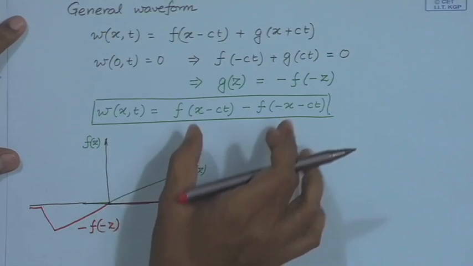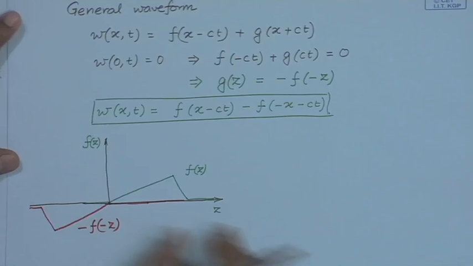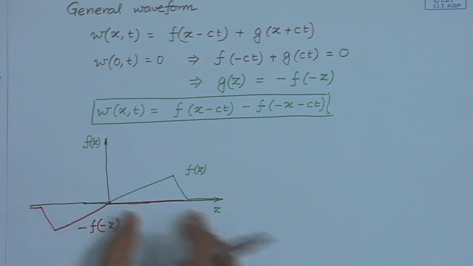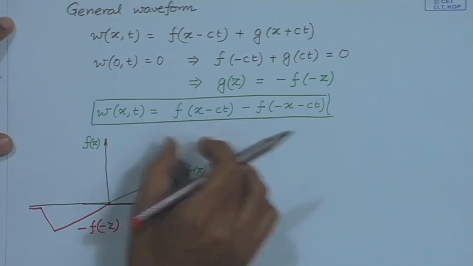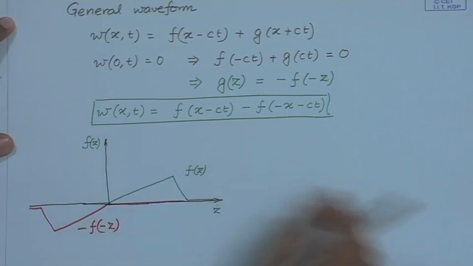So, the total wave field is a superposition of these two travelling waves, one in the positive direction and the other in the negative direction.